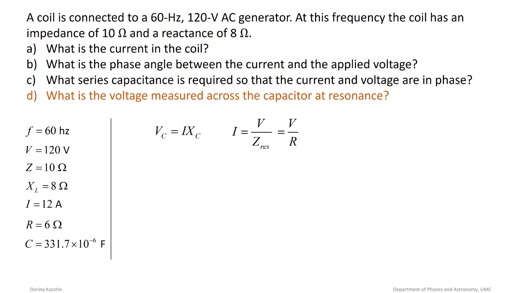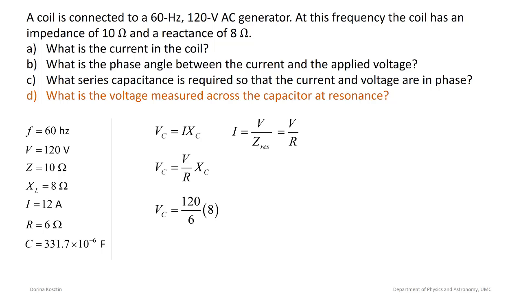We replace the current in the equation for the voltage across the capacitor, and we have that the voltage across the capacitor equals the maximum voltage V divided by resistance, multiplied by the capacitive reactance. We know all these values, and we replace the maximum voltage with 120 volts, the resistance with 6 ohms, and the capacitive reactance with 8 ohms, which is the value for the inductive reactance.